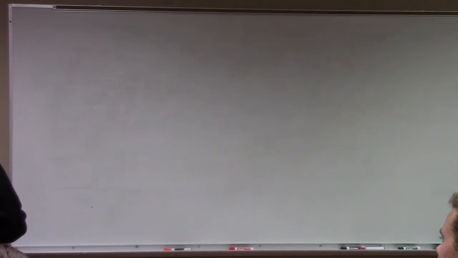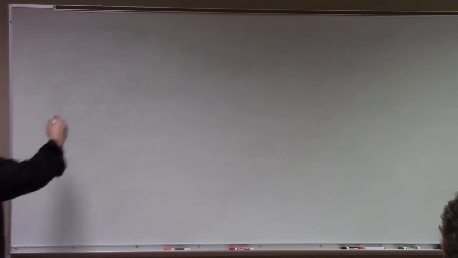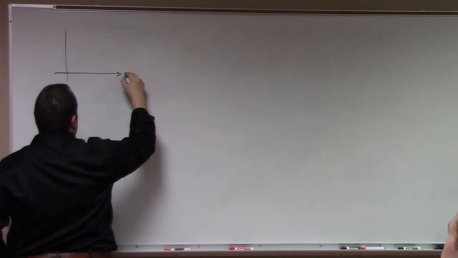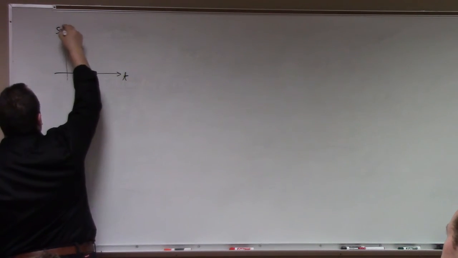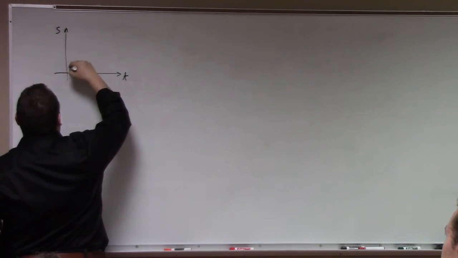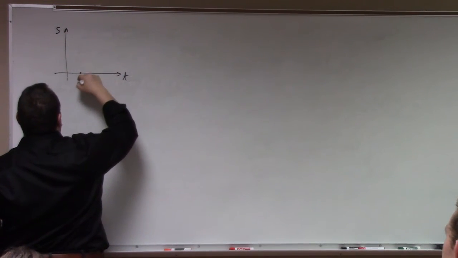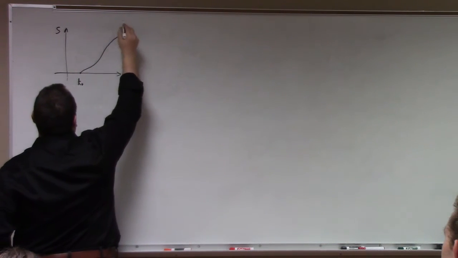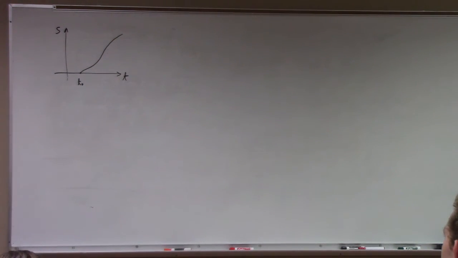If I plot t this way and s this way, then the arclength function starts at 0, but then it has to do something like that. It can never come back down. It has to satisfy the horizontal line test. It has to be an injective function.